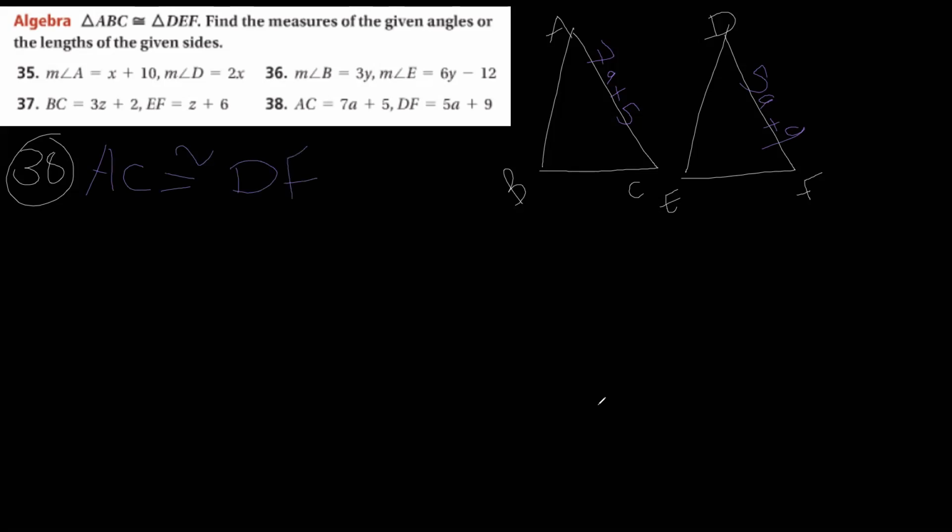What's the meaning of congruent? That they have the same size and same shape. Same size means same dimension. So the length of line segment AC is equal to the length of line segment DF.